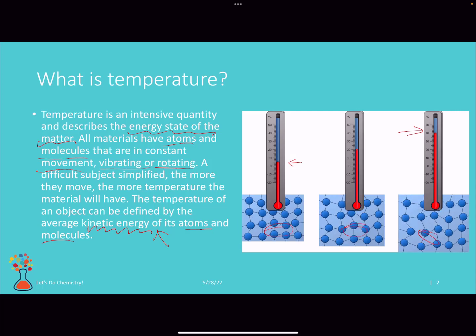For simplicity, the temperature is used to describe the average kinetic energy of its atoms and molecules. So this is a very brief explanation of what temperature is.